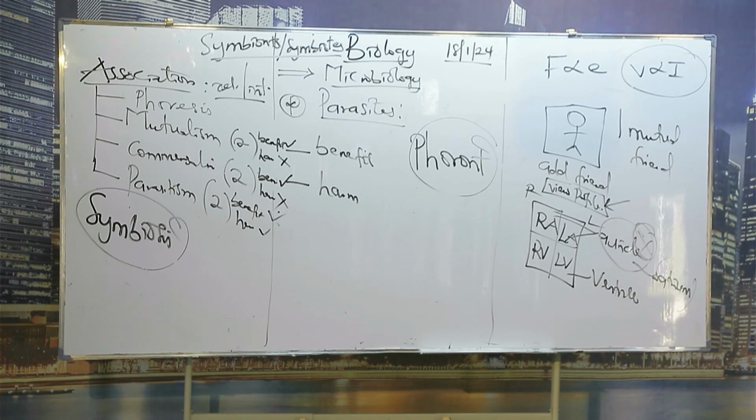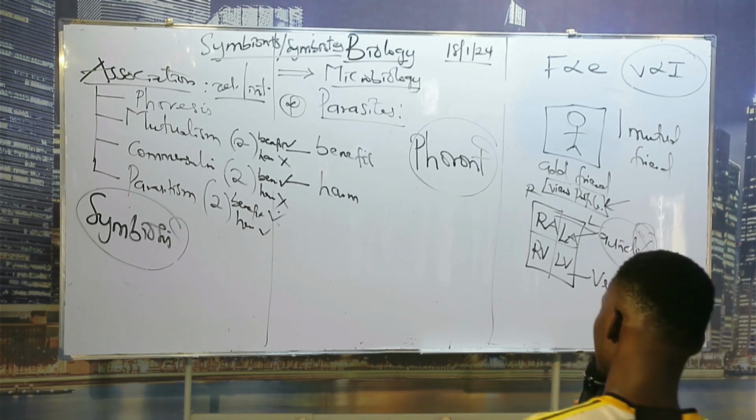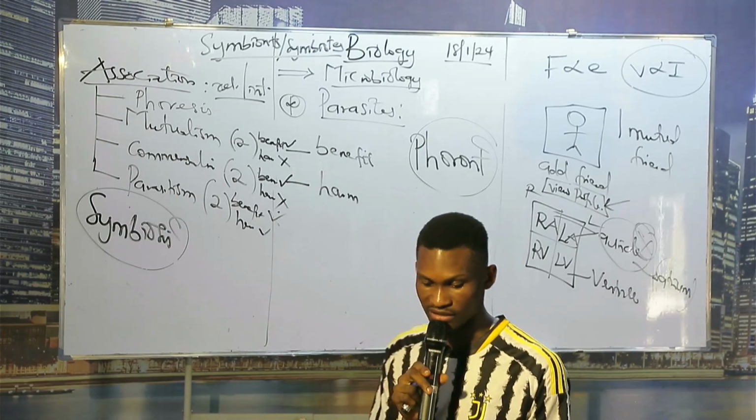Example: relationship between algae and fungi, in brackets lichen, comma, relationship between termites and its intestinal flagellates.